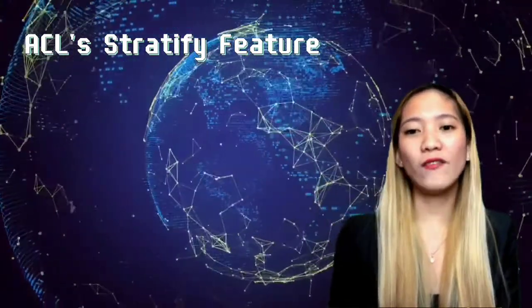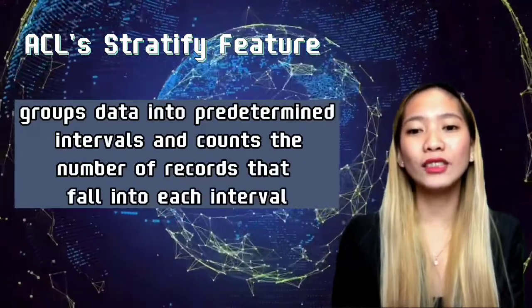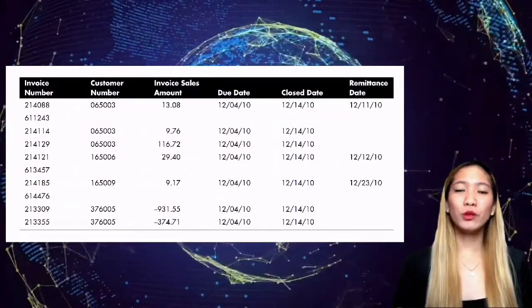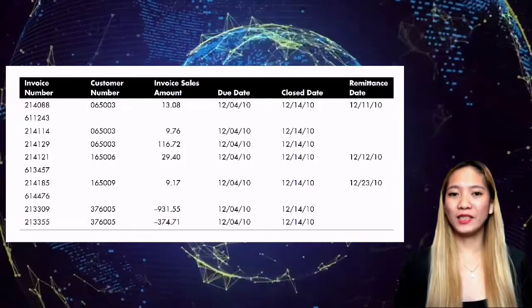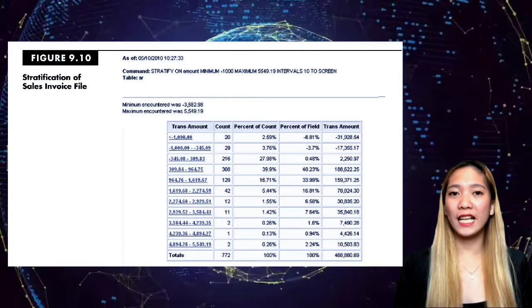The Stratify function groups data into predetermined intervals and counts the number of records that fall into each interval. Using data similar to the sample data illustrated, the Stratify function will produce the report for the sales invoice file. Figure 9.10 illustrates the stratification of the sales invoice file.